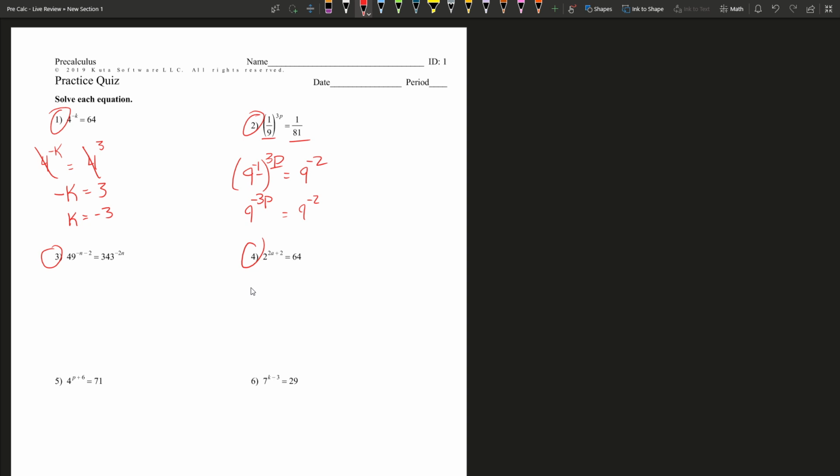Because both sides now have a common base, they cancel each other. So then we're left with negative 3p is equal to negative 2. When we divide both sides by negative 3, we get our answer.